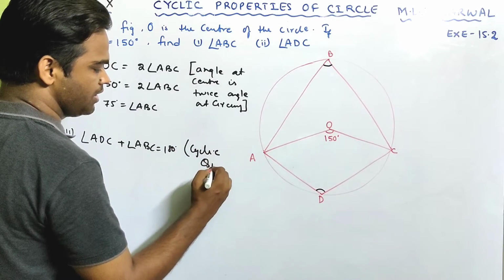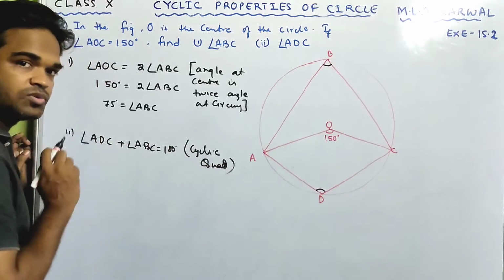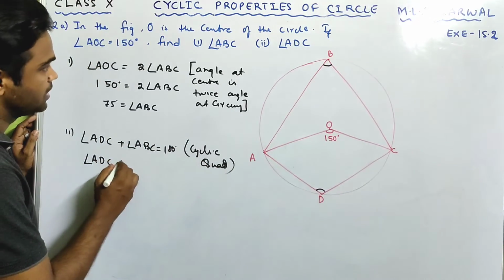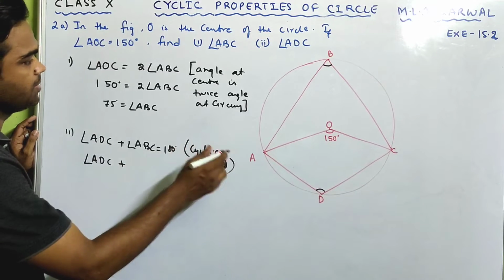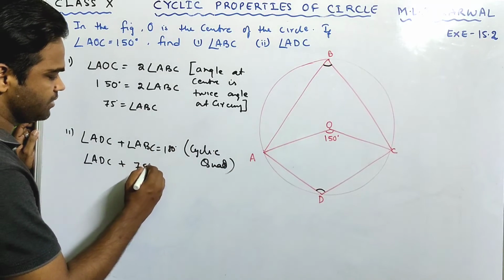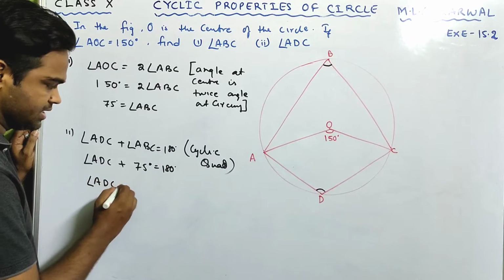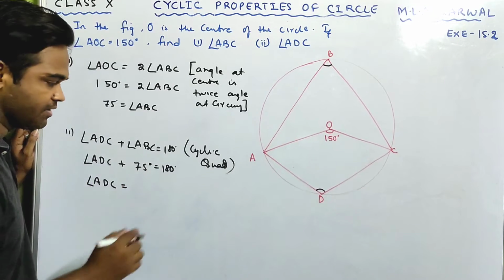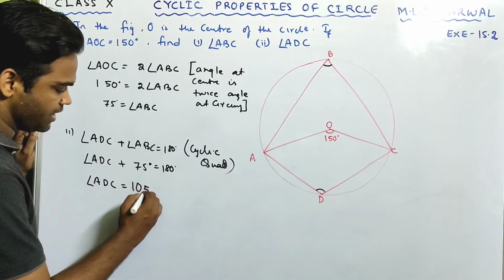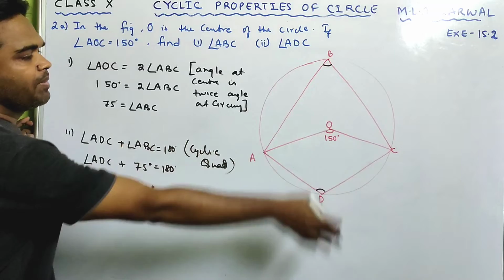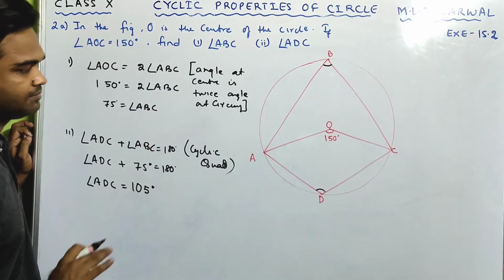So angle ADC is unknown. ABC, we just got 75, is equal to 180 degree, which means angle ADC is 180 minus 75. That's 105 degree. Done. We used angle property and then cyclic property.